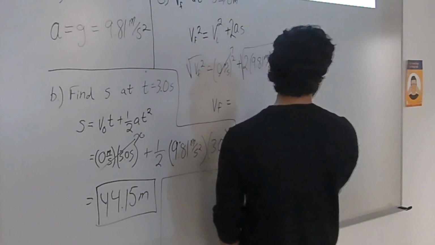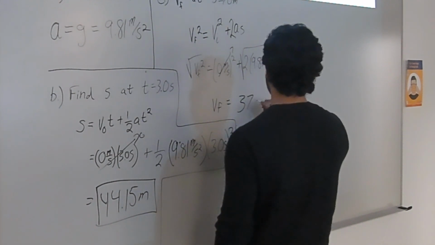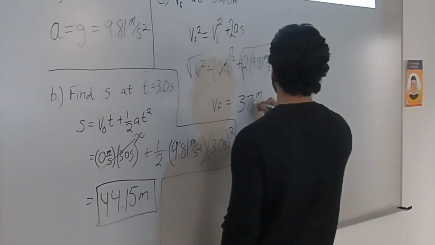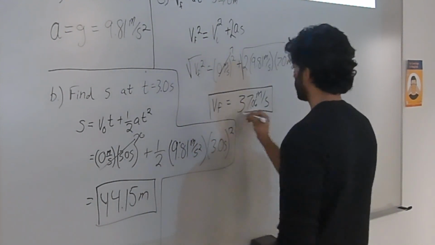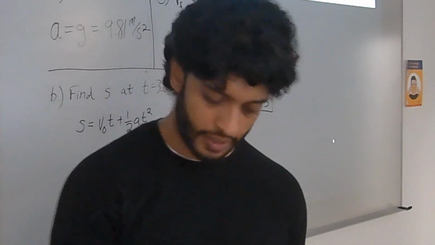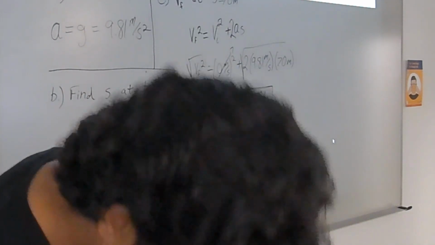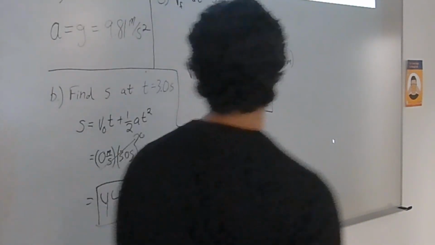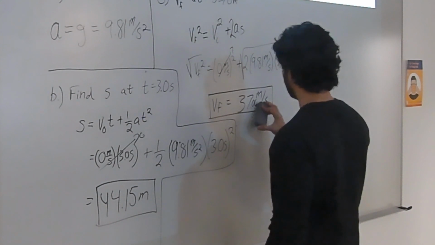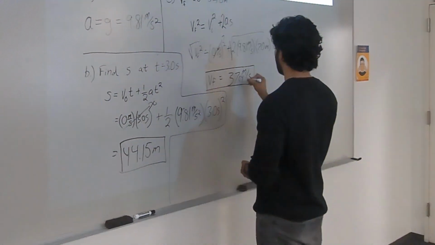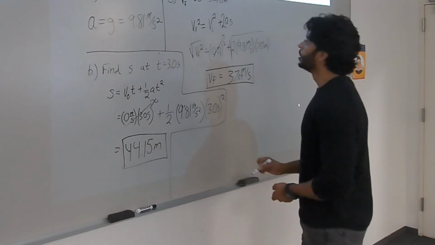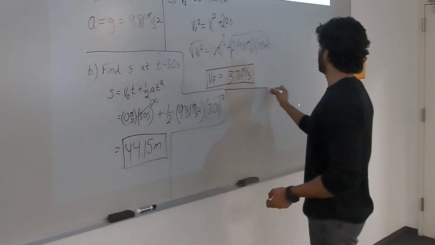VF equals 37.06 meters per second. I got 0.4, not 0.6. All right, so that's part C.